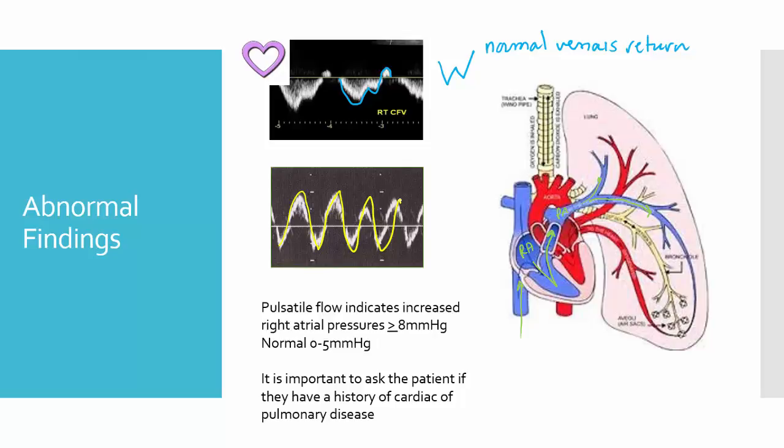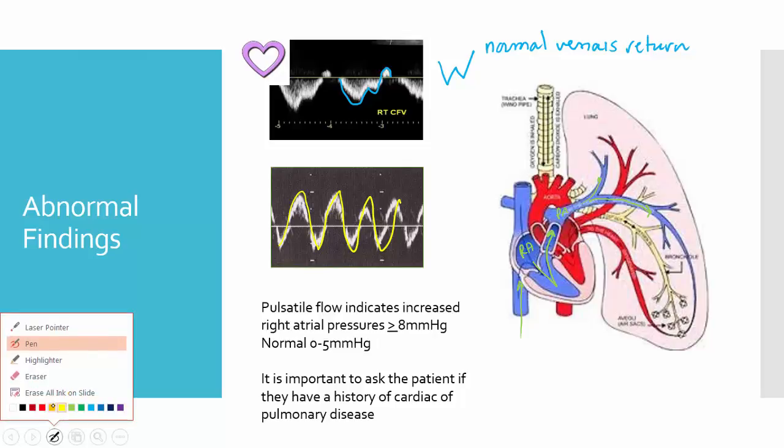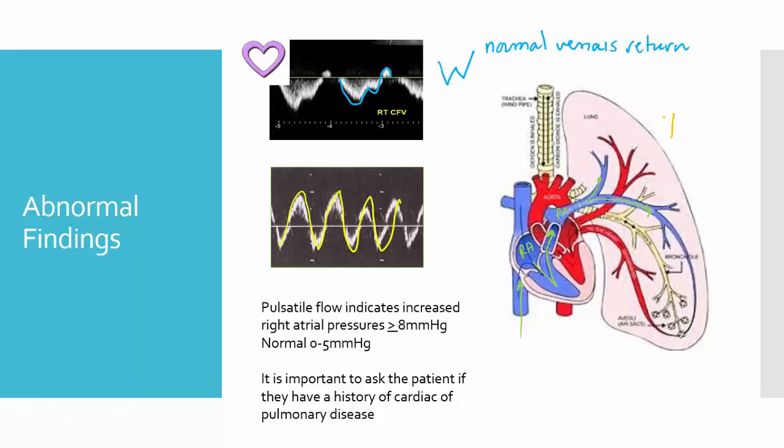So you can imagine that if the pulmonary pressure rises, or the pressure in the lung rises, then basically the pulmonary arterial pressure begins to rise to allow for blood to move out into the lung, which in turn causes an increase in the right ventricular pressure.